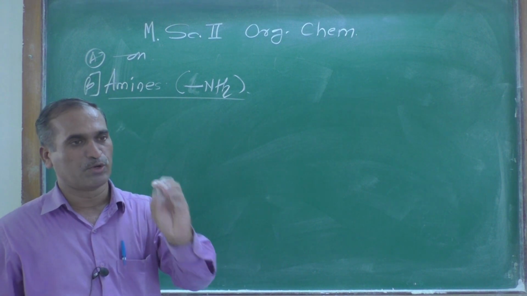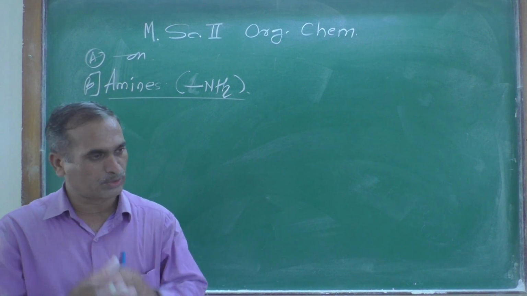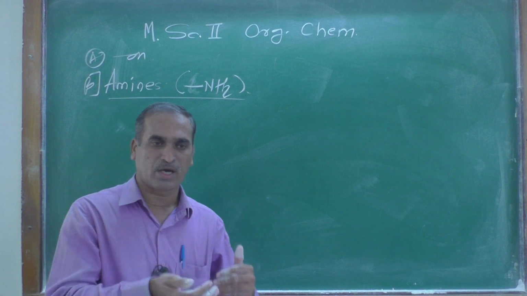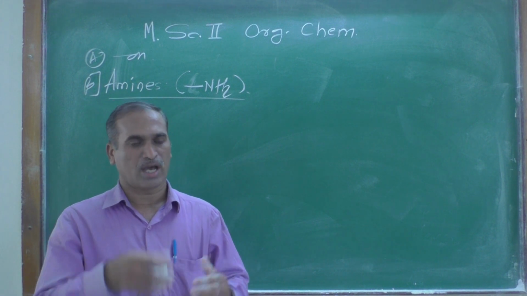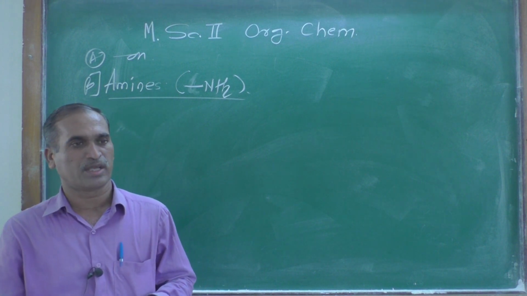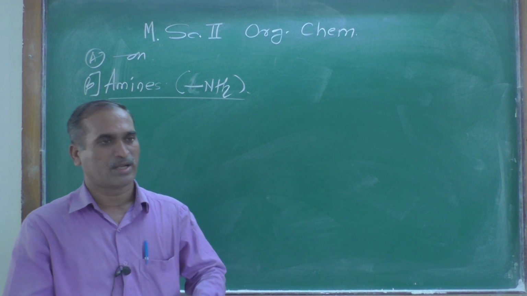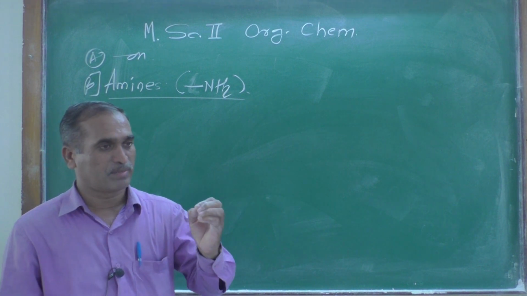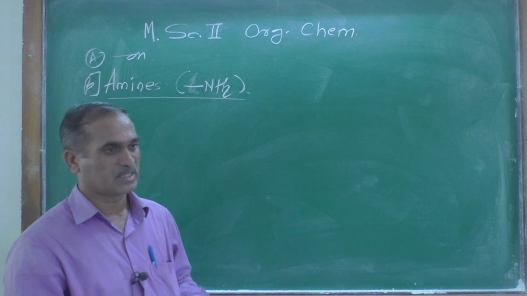These are the 5 main protecting groups we are going to learn and discuss here one by one, and how they are introduced, at what condition they are introduced, at what condition they are removed, and at what condition they are stable, that we are going to discuss here.